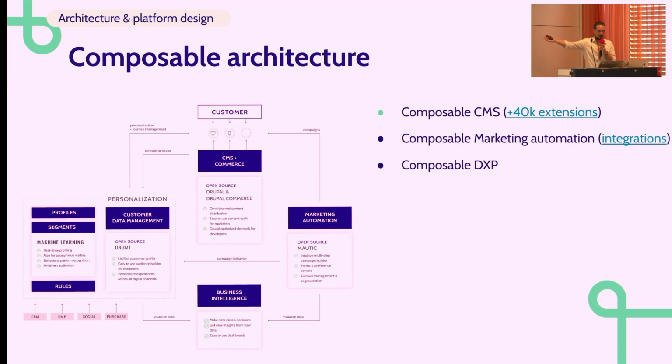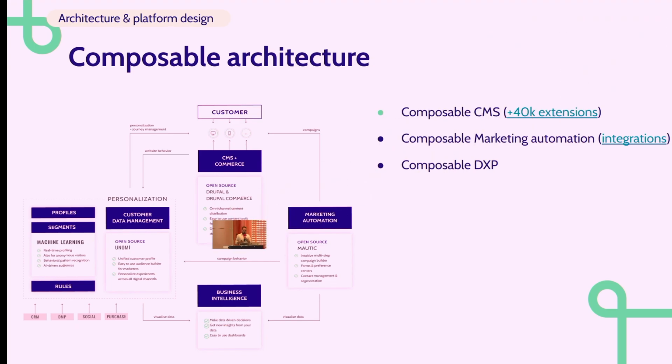That's how we did it at Dropsolid. So we have Drupal as a CMS, Mautic as a marketing automation, Unomi as a customer data platform, and then pick your favorite analytics tool to visualize all the data, like your Data Studio or Matomo or whatever you have, and you have a DXP.